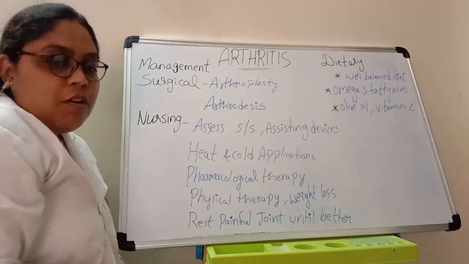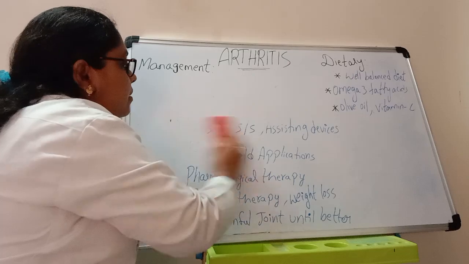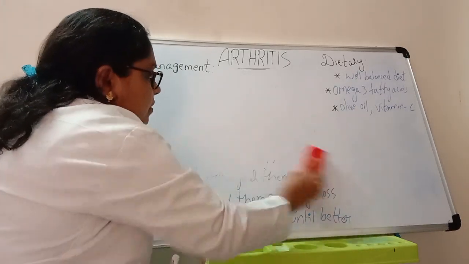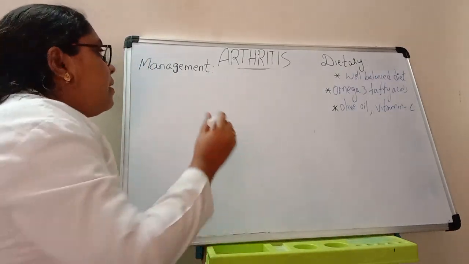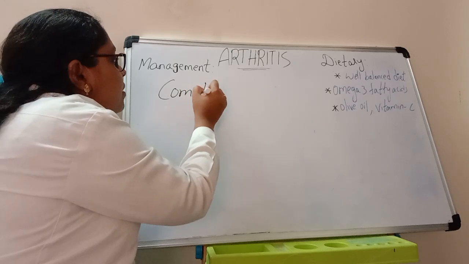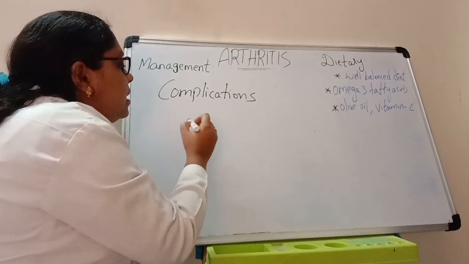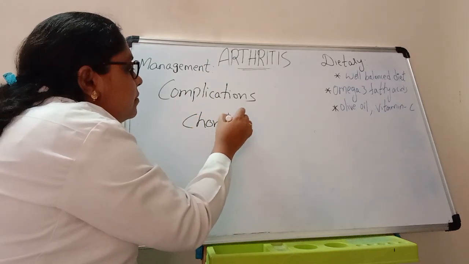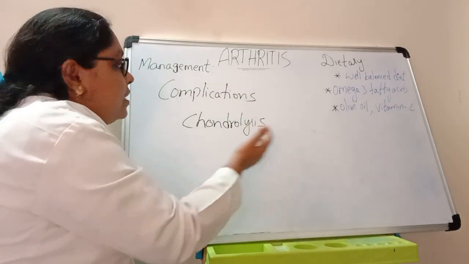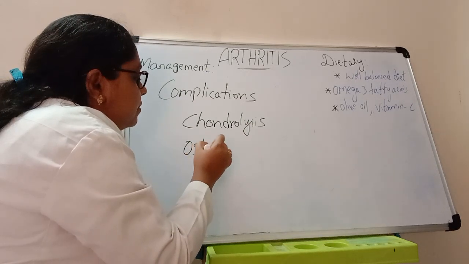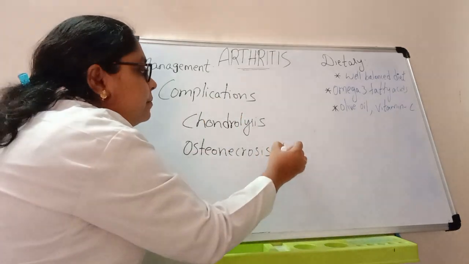And next thing is complications. So what are the complications? You can see chondrolysis, which means rapid breakdown of the cartilage. And next, osteonecrosis, that is nothing but bone death.